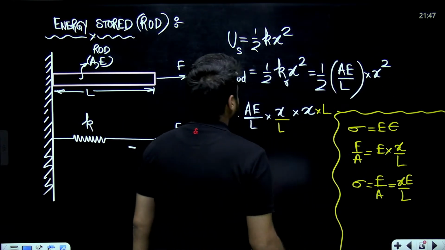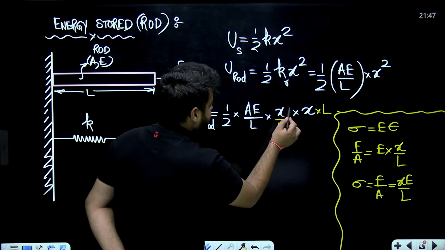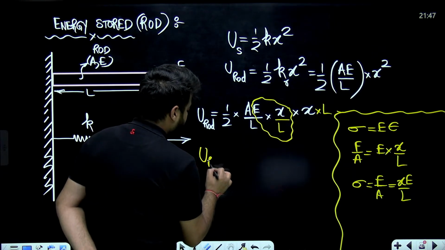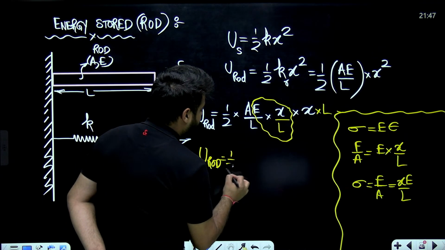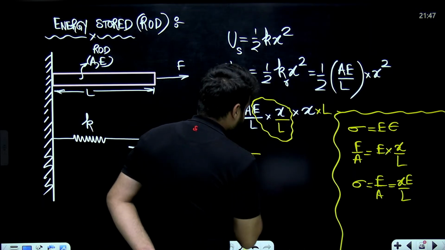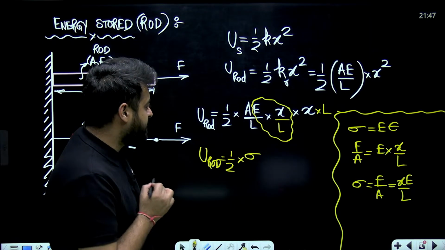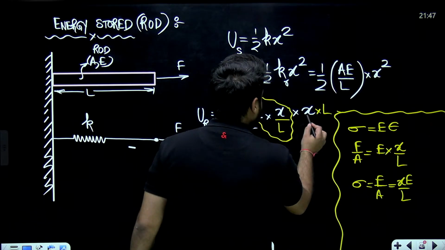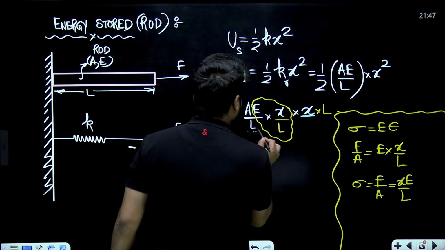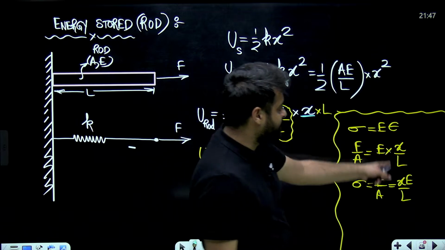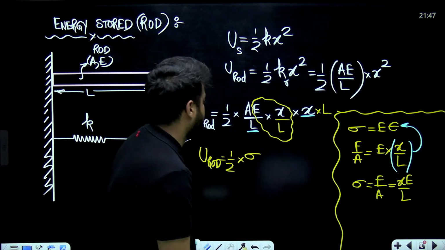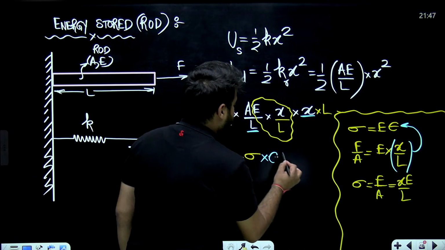Yes. So if I see x E by L, this parameter, can I say U of the rod is half of stress? And this parameter x by L is nothing, sir. x by L is strain.